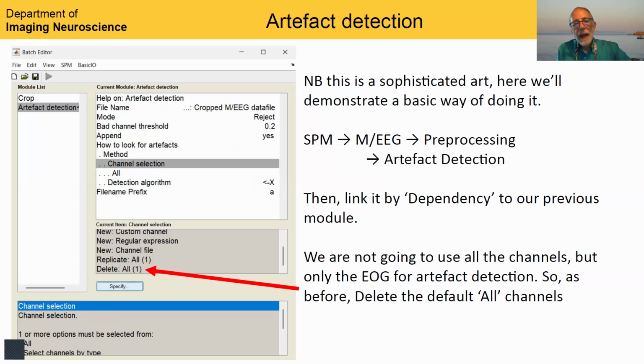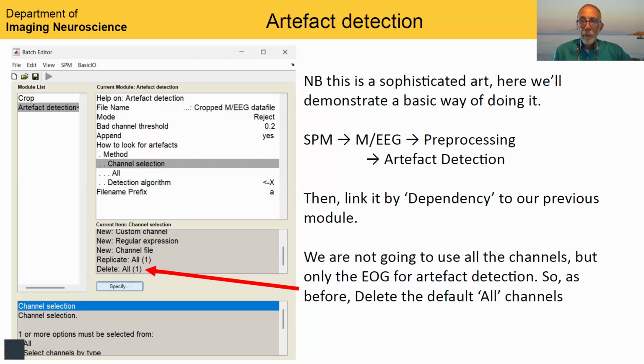Now we go to a more interesting bit, which is a bit of a sophisticated art. And here we're going to have only the opportunity to deal with the simplest way of doing it. And this is artifact detection. So things like eye blinks that may cause artifacts in our EEG.